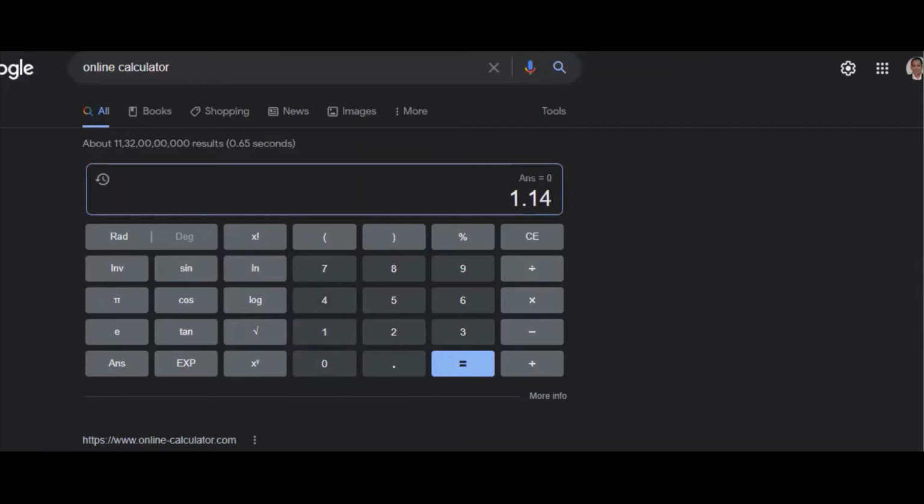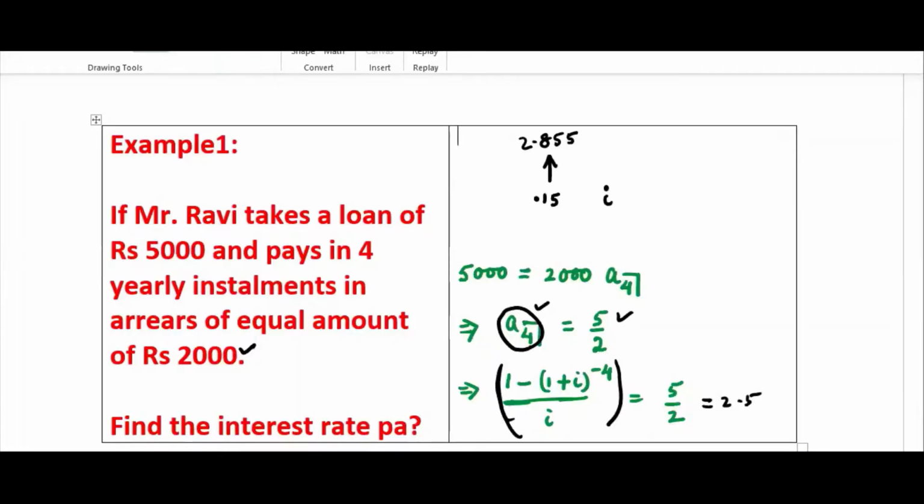1.14 power, this is (1 plus I) power minus 4. Then I will subtract this from 1, then I will divide by I, 0.14, and that is 2.9137, 2.91.